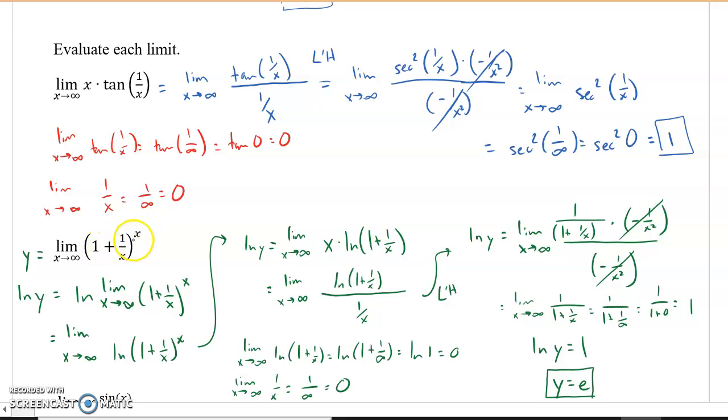Okay, and this is very, very much related to the formula A equals P e to the rt, which is the formula for continuous interest. You probably learned that once upon a time, but you probably never learned where it came from. Well, this 1 over x is the portion of the interest that you're earning.